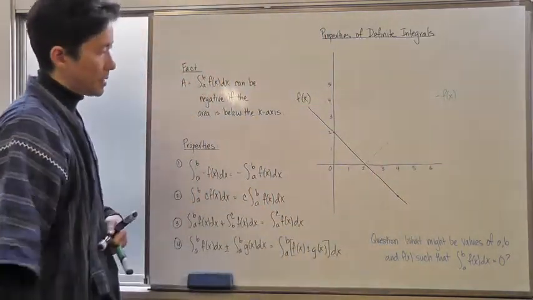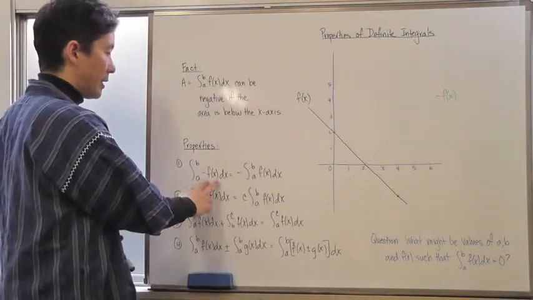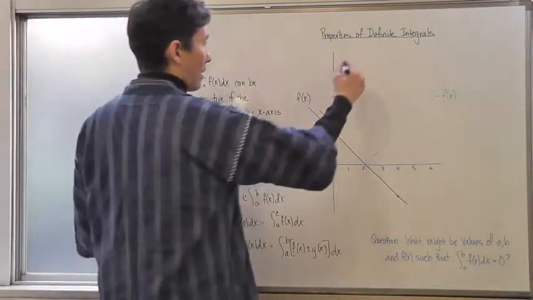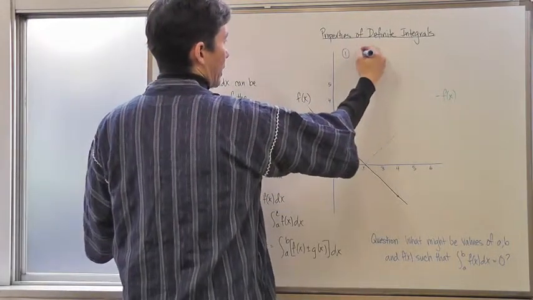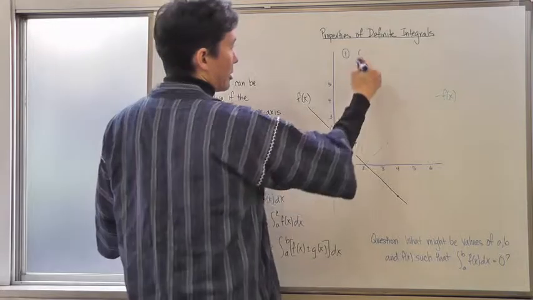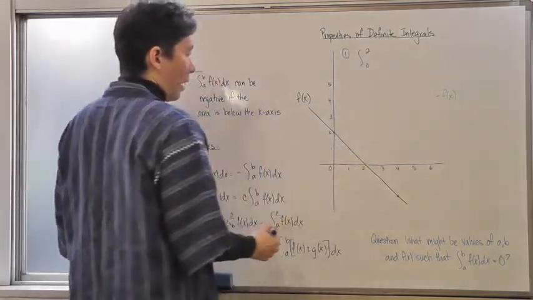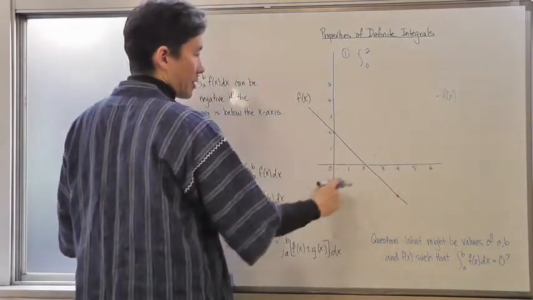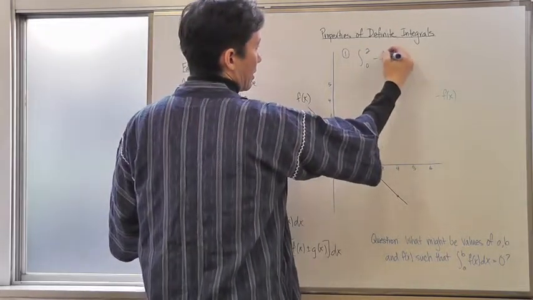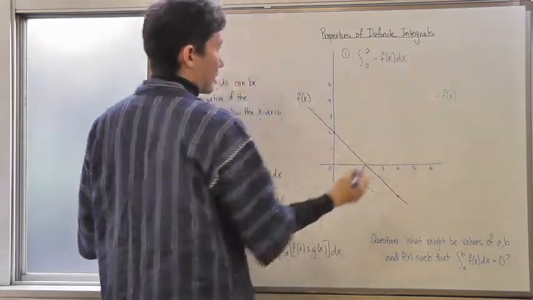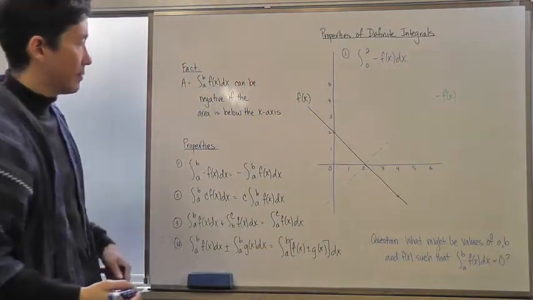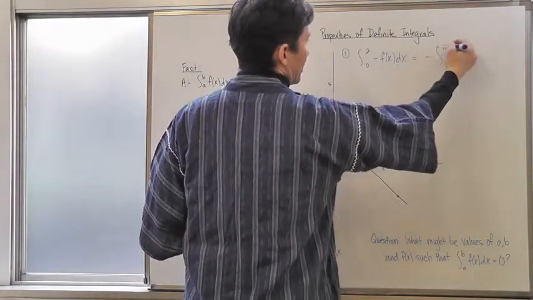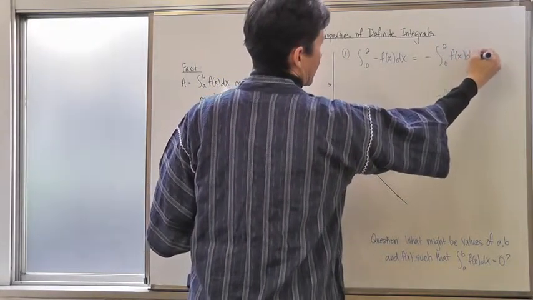Okay, now, let's take a look at what's actually being said here. This is property number 1: the integral, let's say from 0 to 2, of the opposite of f of x, which is the function in green, dx. Is that going to be equal to the opposite of the integral from 0 to 2 of f of x dx?